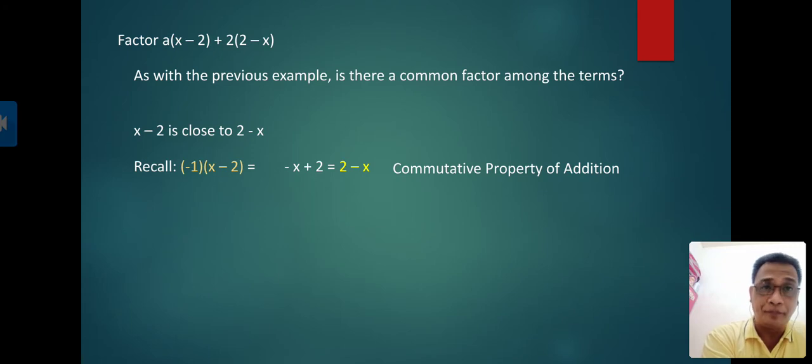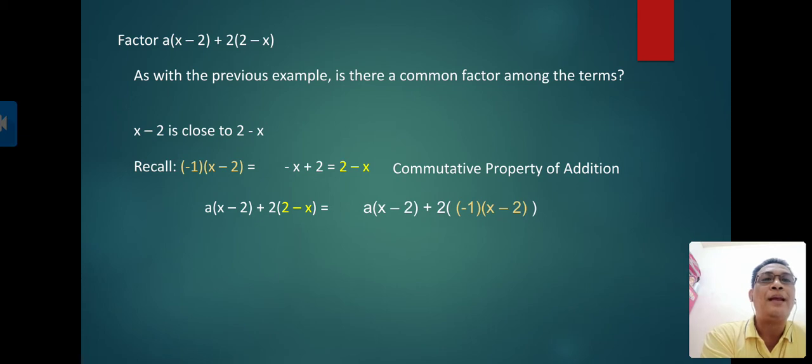So a(x - 2) + 2(2 - x) can be written as a(x - 2) + 2(-1)(x - 2). This is your substitution.